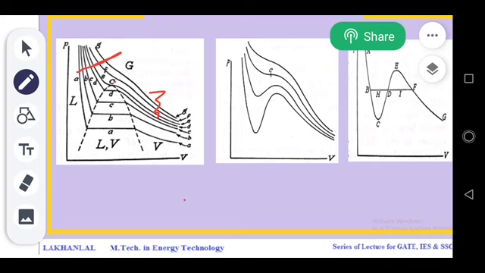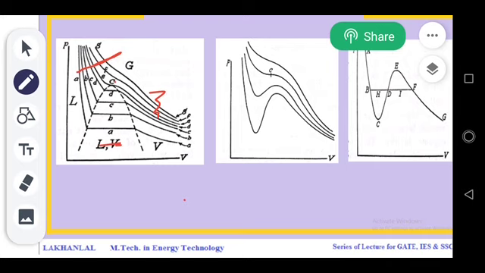And in between the vapor dome, this is going something like this. Temperature remains constant during phase transformation. So it is going to be something like this, right? But this is based on the ideal gas equation.